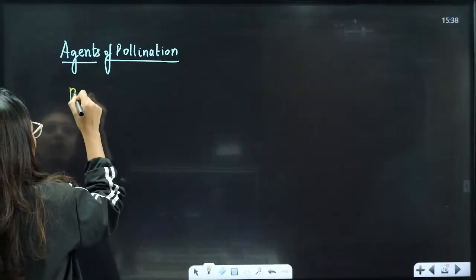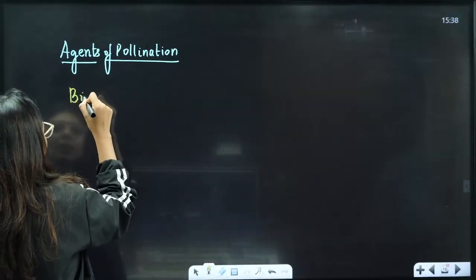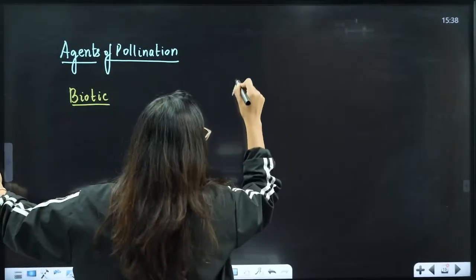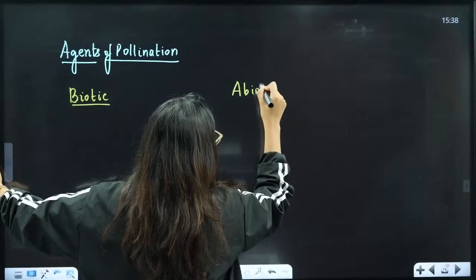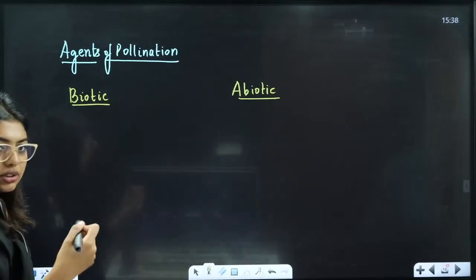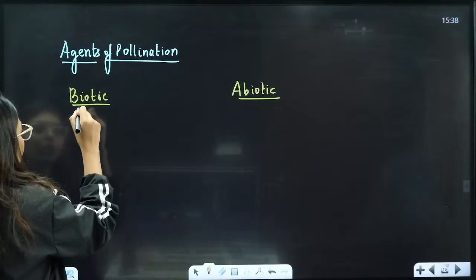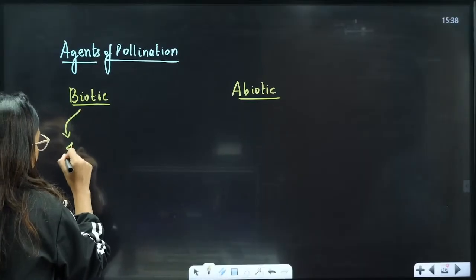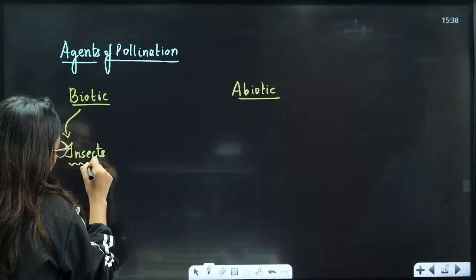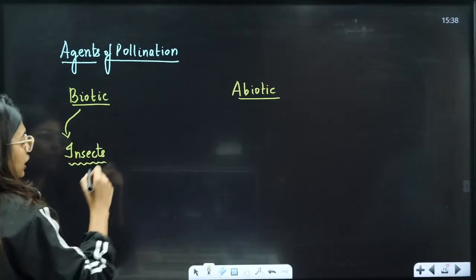First, biotic, okay, and the second thing is abiotic. Biotic is something that is living, right? So biotically you have to study about insects. Because you know insects are a major agent that is going to do pollination.